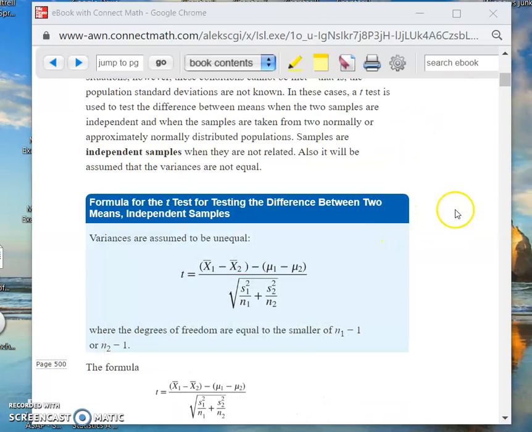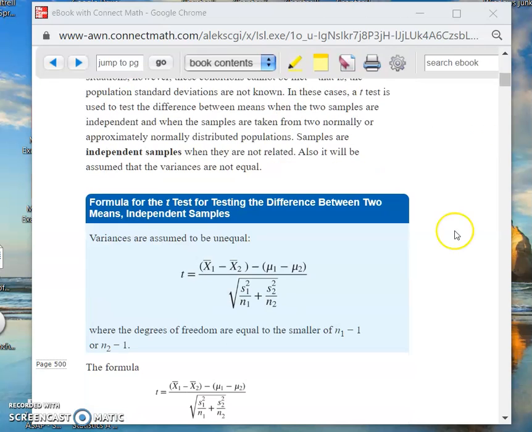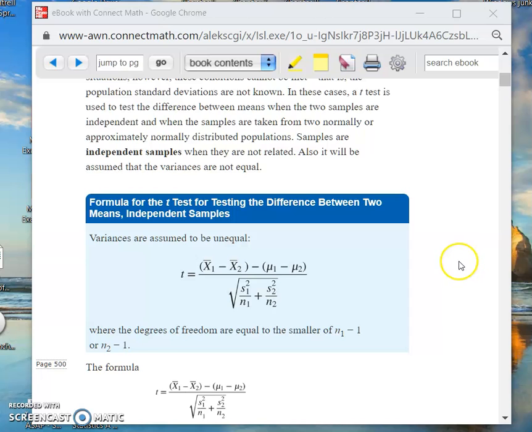Another nuance to this that I just want to share with you is we've got a situation, he just kind of mentions it in passing. Here we go. Also, it will be assumed that the variances are not equal. Okay? So he's talking about the variances of these samples down here.